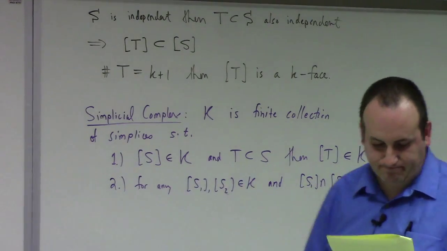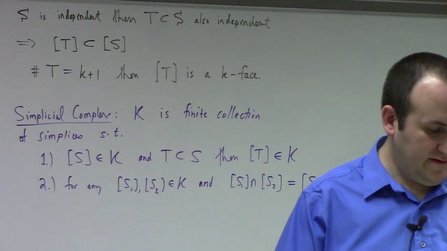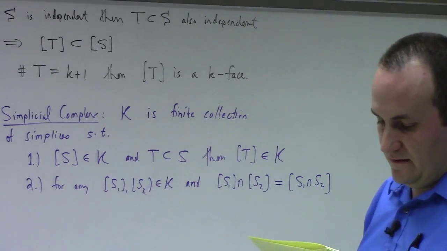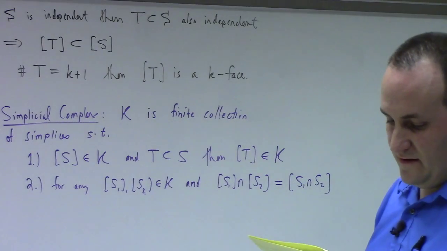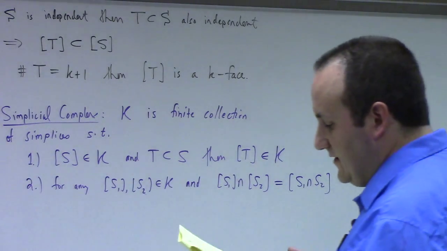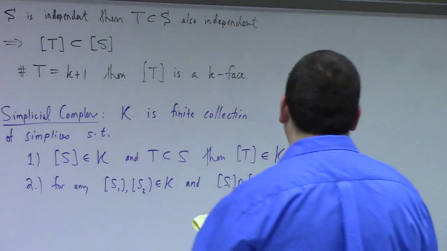All right. There's a way of saying this. Let me translate those more. Every face of a simplex is also in the simplicial complex. And the other thing is basically just saying that overlapping simplices meet along mutual faces.